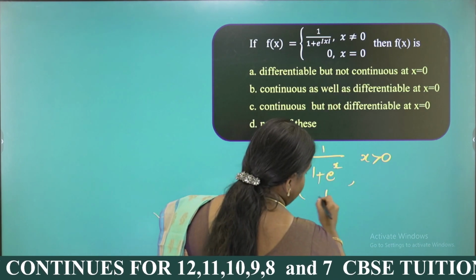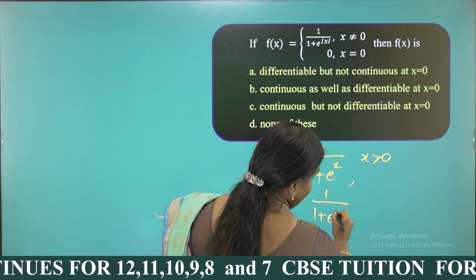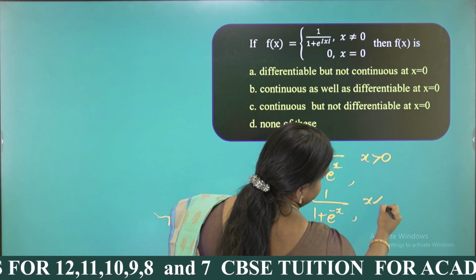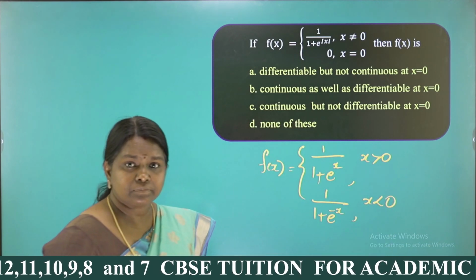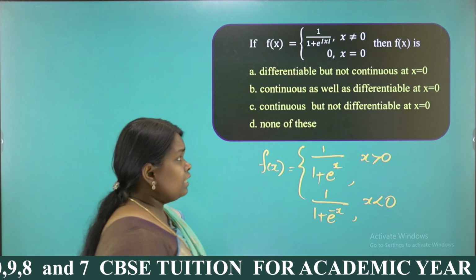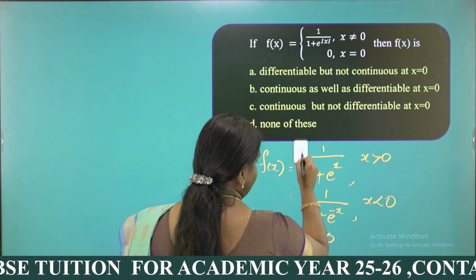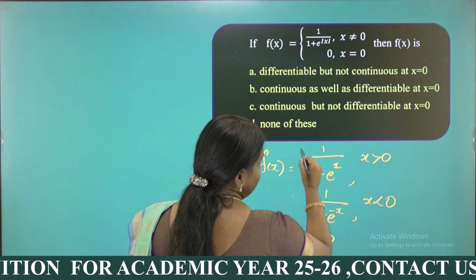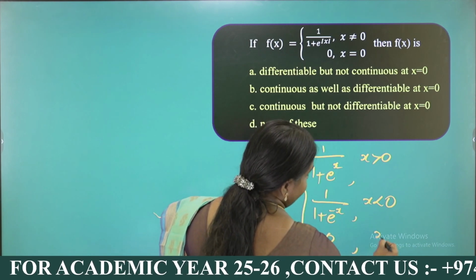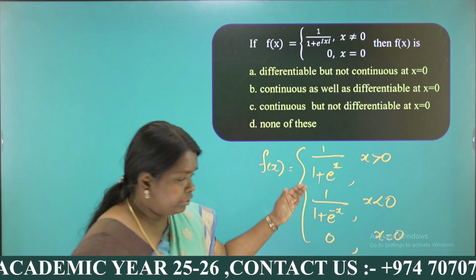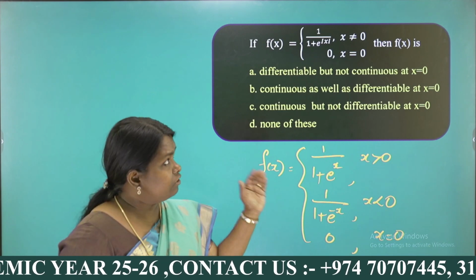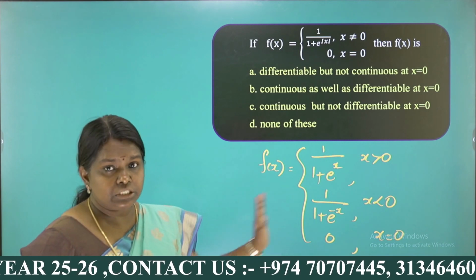And 1 by 1 plus e raised to negative x when x is less than 0, right? And equal to 0 when x equal to 0. So this is the function given to you, modified to this format.